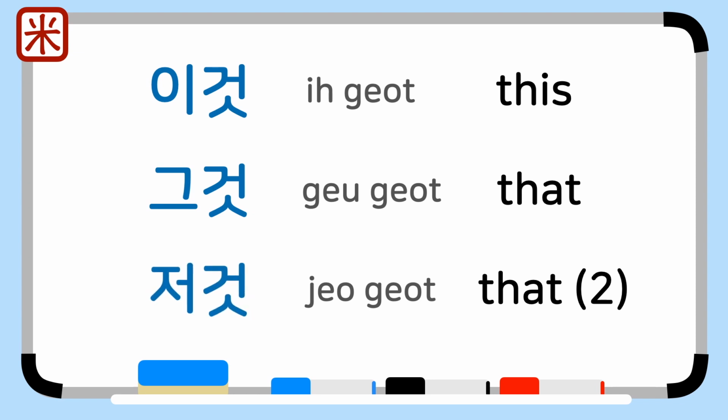Memorize 이, 그, 저 because we are going to use these with the noun to indicate the position of the object. 것 indicates objects or things.